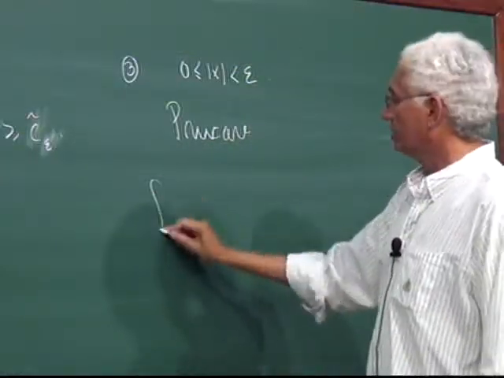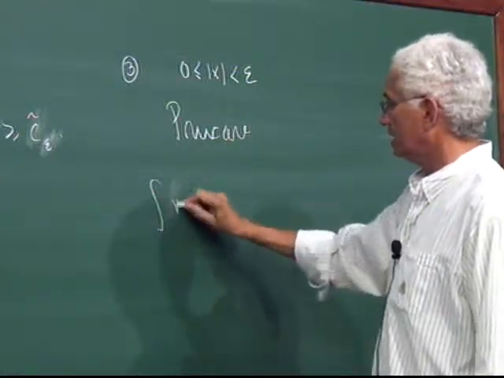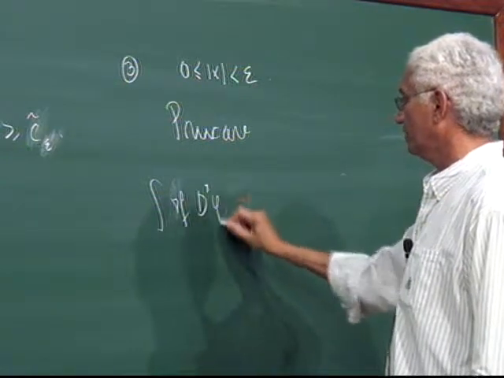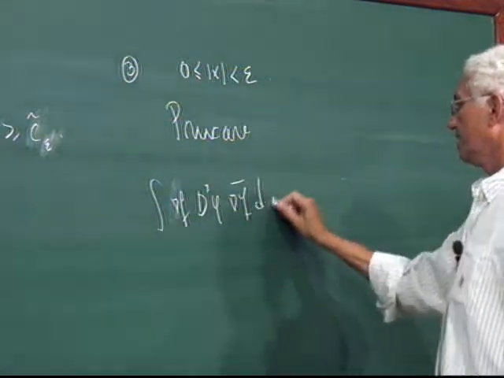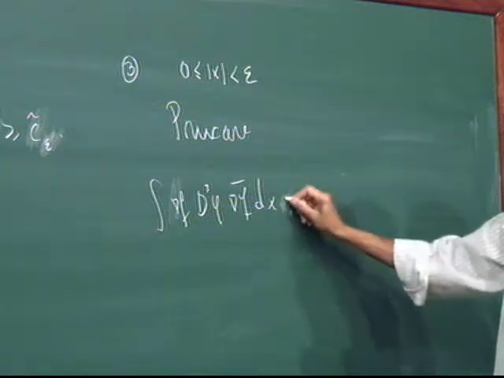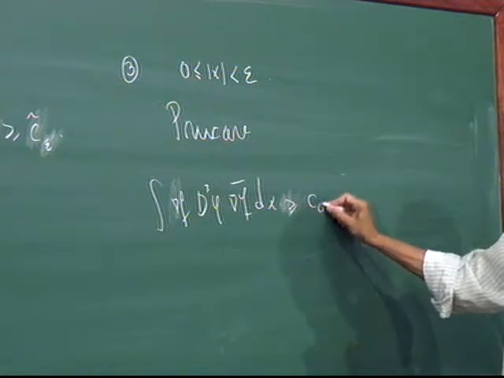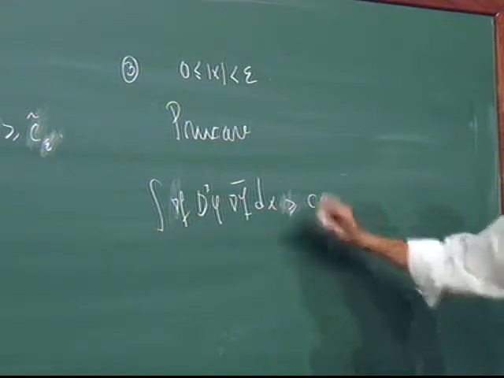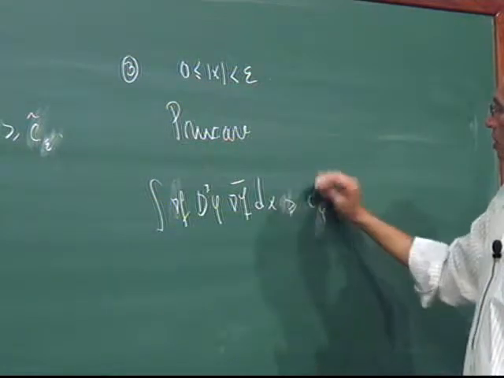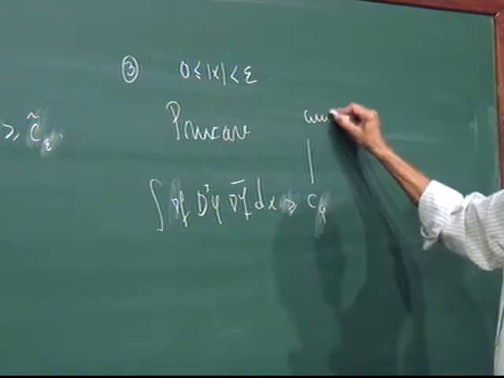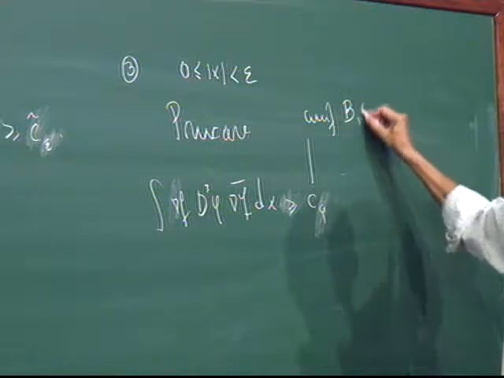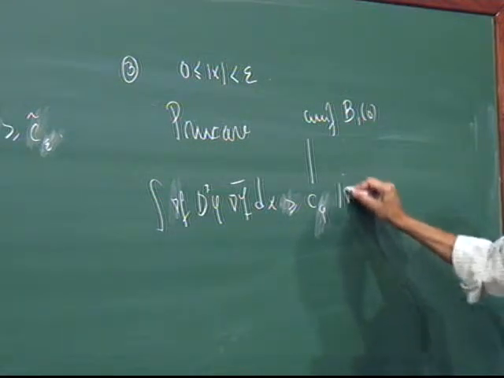How do you use that? You say, well, I have the gradient of f, second derivatives of this, dx. This is larger than some constant that depends on phi, in the unit ball, in the ball of center 0 and radius 1, f squared dx.